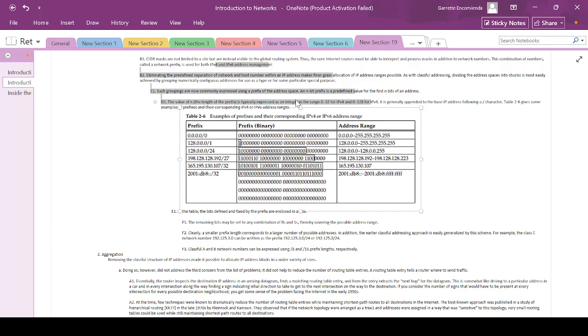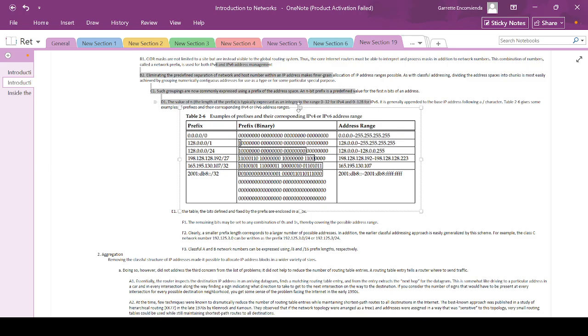So again, the value of n, the length of the prefix, is typically expressed in the range of 0 to 32 for IPv4, and 0 to 128 for IPv6. It is generally appended to the base IP address following a slash character. So this is where the n bits come in, like slash 64, slash 10.